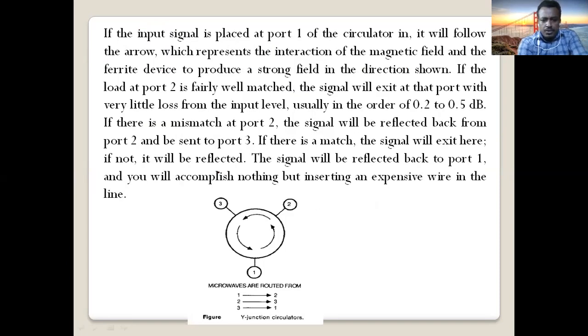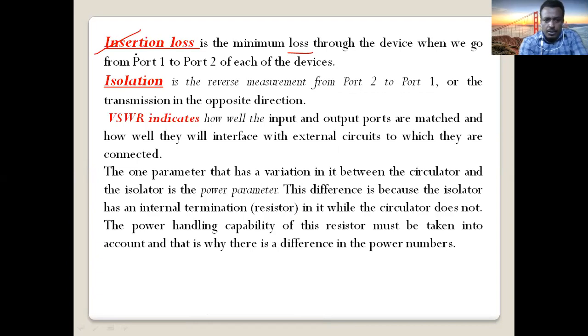Okay, so this is an anti-clockwise circulator. If signal comes from port 1 and goes to port 2, it's the direction we need. In that case, we call it insertion loss.